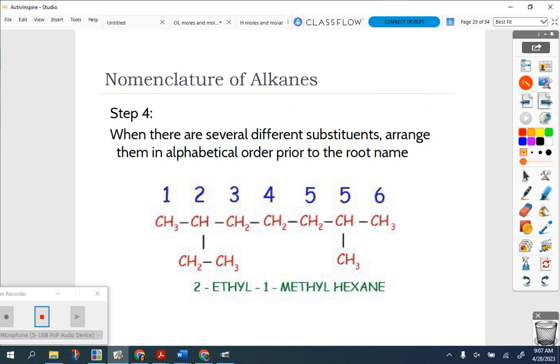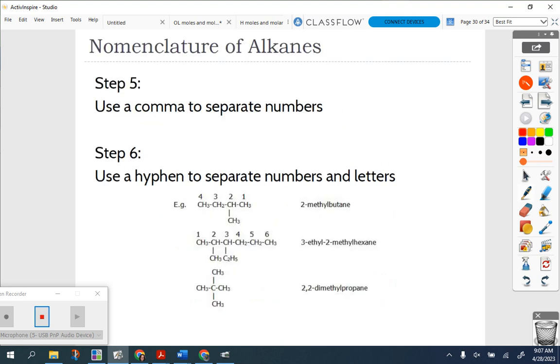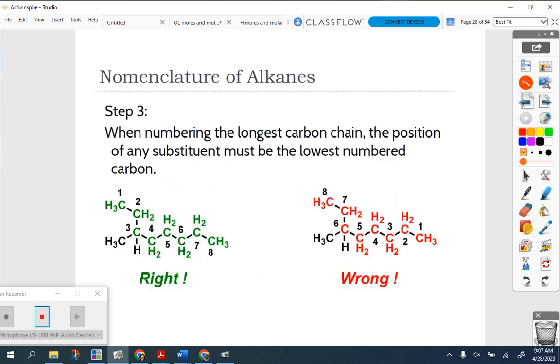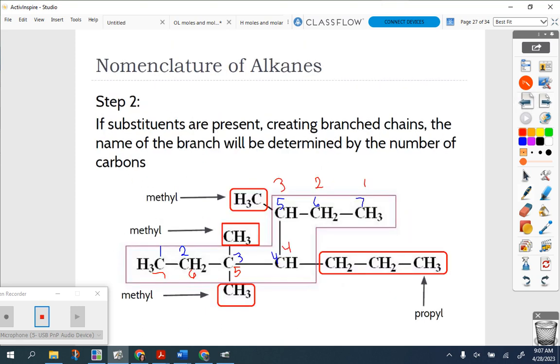So you're going to have number dash the branch, and then if there's multiple different kinds, you're going to put them in alphabetical order, ethyl before methyl, methyl before propyl, etc. And then if you have two methyl groups, you're going to use dimethyl, and you're going to put numbers in front with commas. I'm just going to show you on that first one how this is going to work.